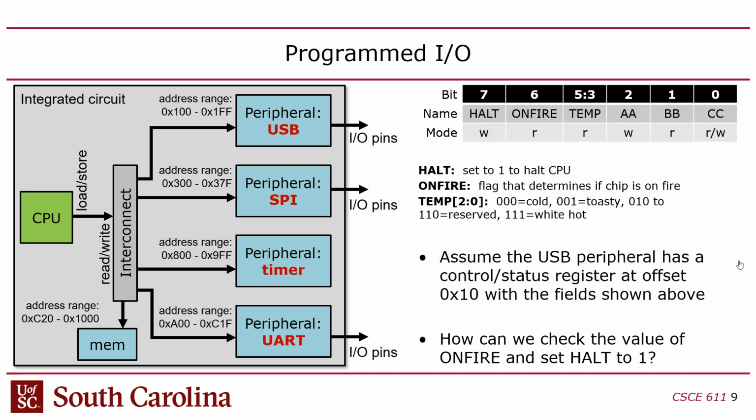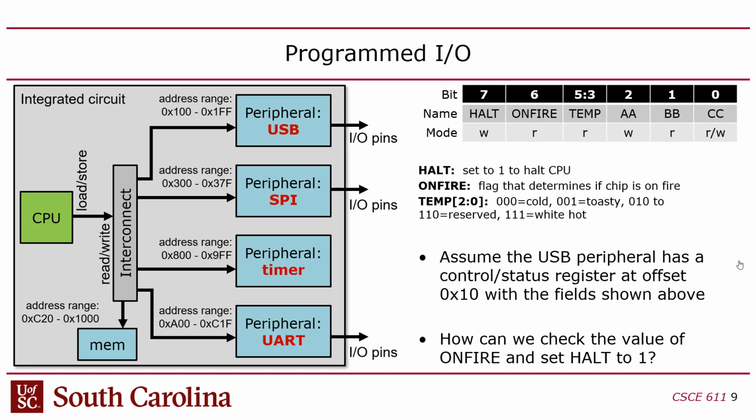So here's a really simple example that I just made up. This is an 8-bit word. Again, in this class we're using 32 bits, but just for the sake of this example, this is an 8-bit word. And each one of these bits has a specific purpose. In some cases, some of them are for read and some of them are for write. Some of them are inputs and some of them are outputs.